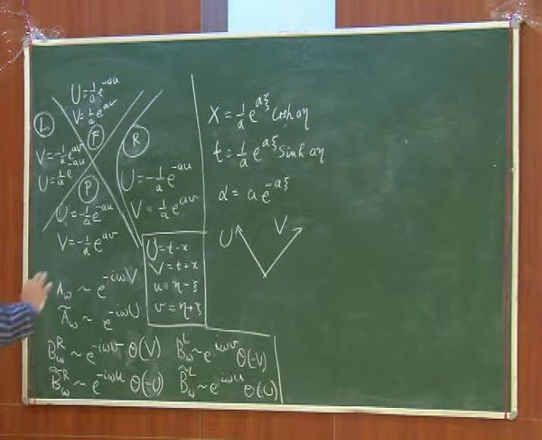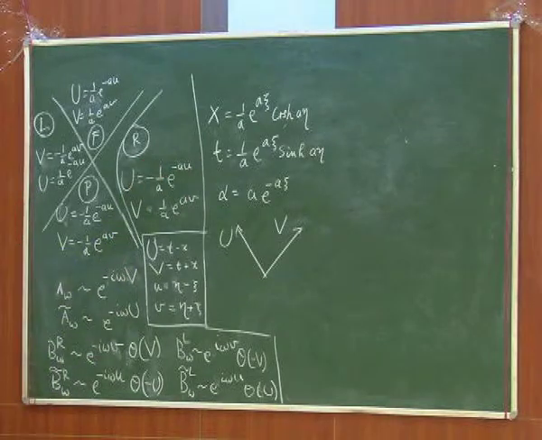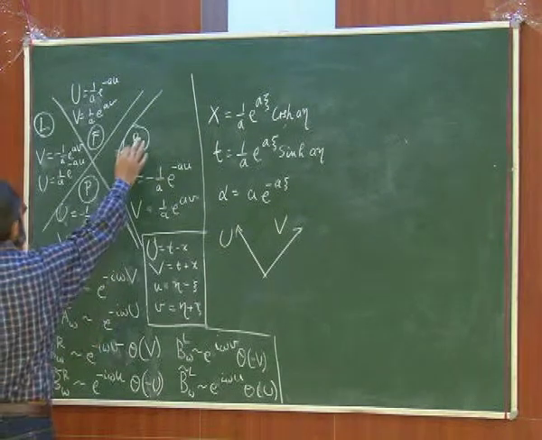Okay, so this is how the story is for the right-sided observers. On the right, this is the region I'll call R. I think Subrat has called it 1.